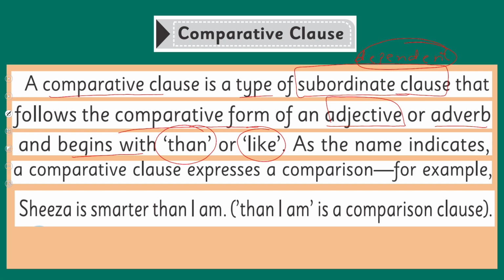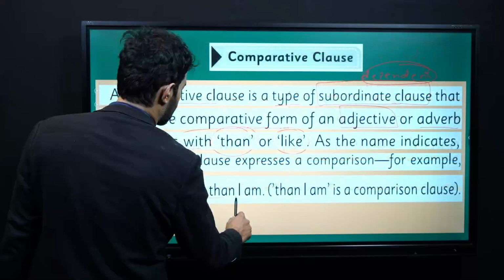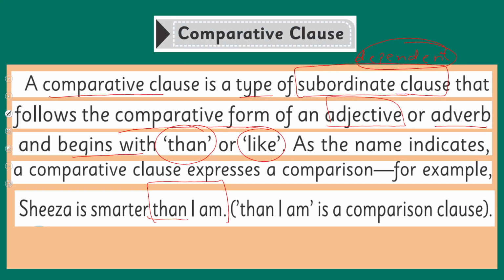For example, if I say Shiza is smarter than I am, what is the word that we use for comparison? "Than", right? So this clause is called a comparison clause because there is a comparative word over here, "than". Than I am.